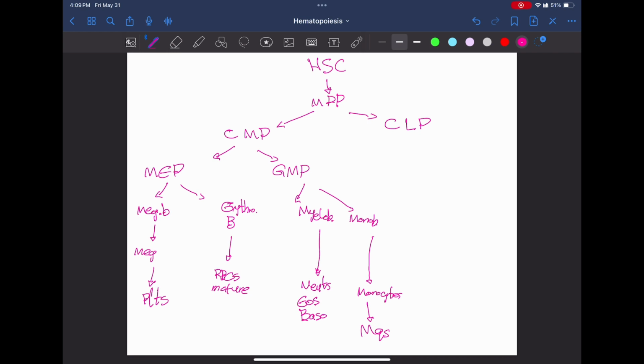Common lymphoid progenitors, on the other hand, can give rise to B lymphoid progenitors and T NK progenitors.